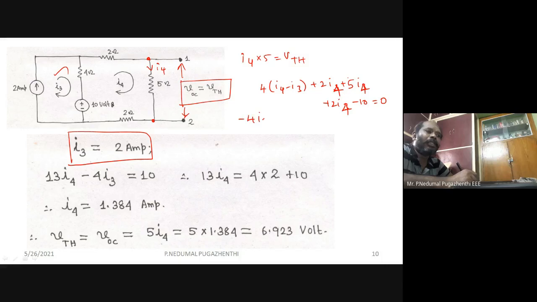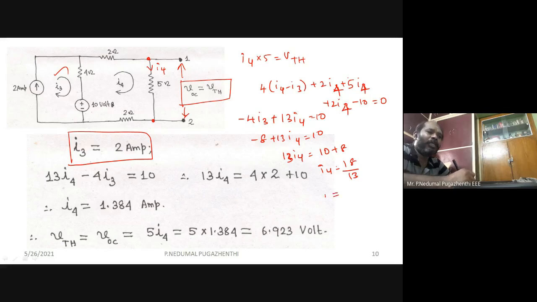Minus 4I3 plus 4 plus 2, 6, 6 plus 5, 11, 11 plus 2, 13. So plus 13I4 is equal to 10. Already I know I3 is equal to 2. So I will get minus 8 plus 13I4 is equal to 10. So 13I4 is equal to 10 plus 8. So I4 is equal to 18 by 13.